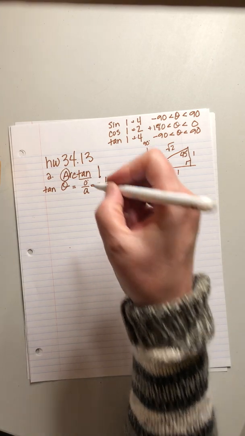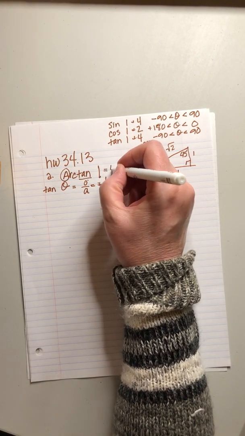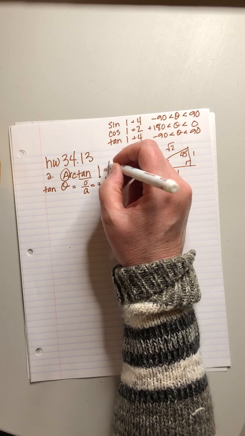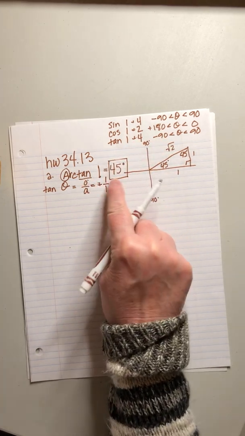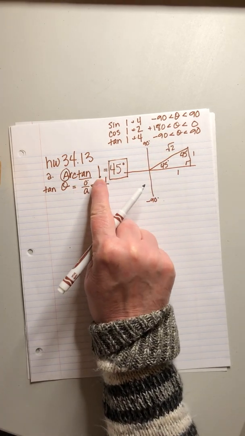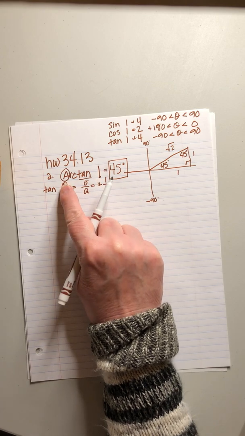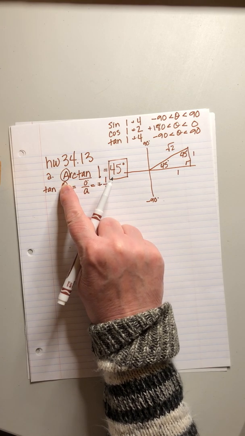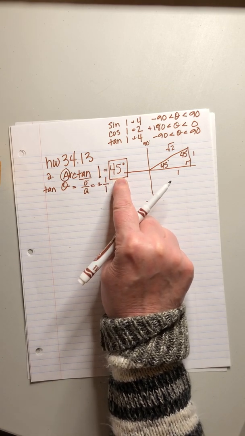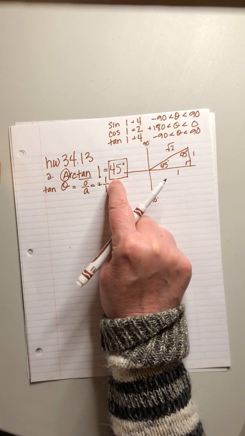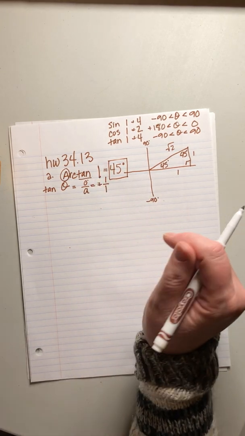Yes, so the way we write the answer is that the arctangent of 1 equals 45 degrees. The angle whose tangent is 1, limited to either the first or the fourth quadrant, is 45 degrees. It's the only angle that will give us a tangent of 1.